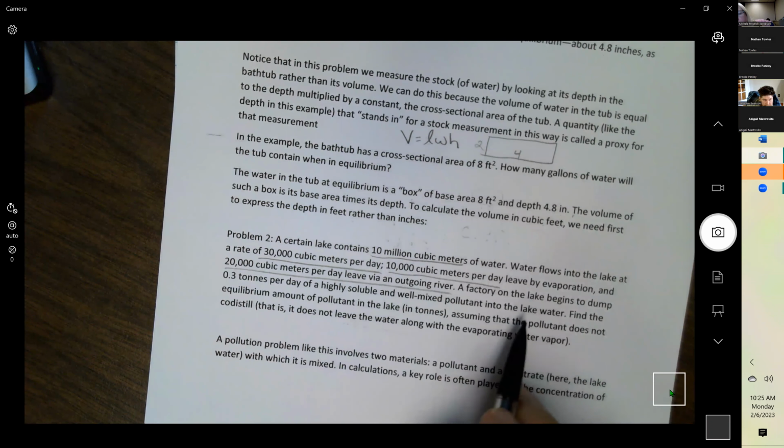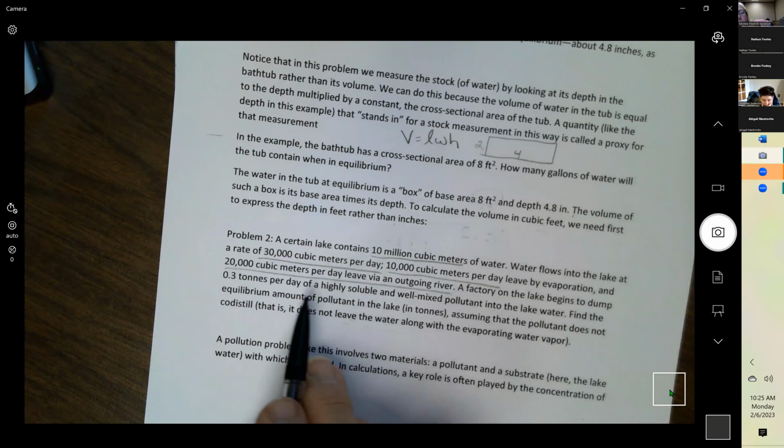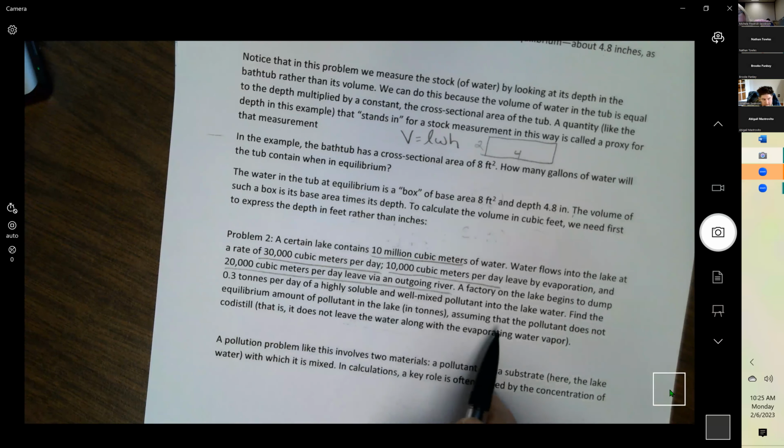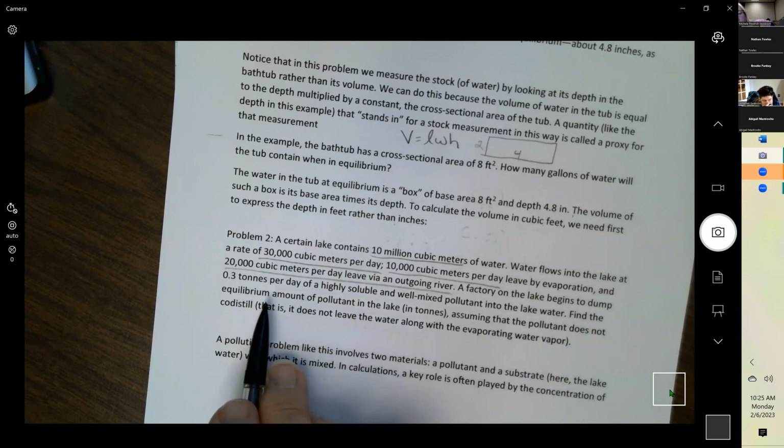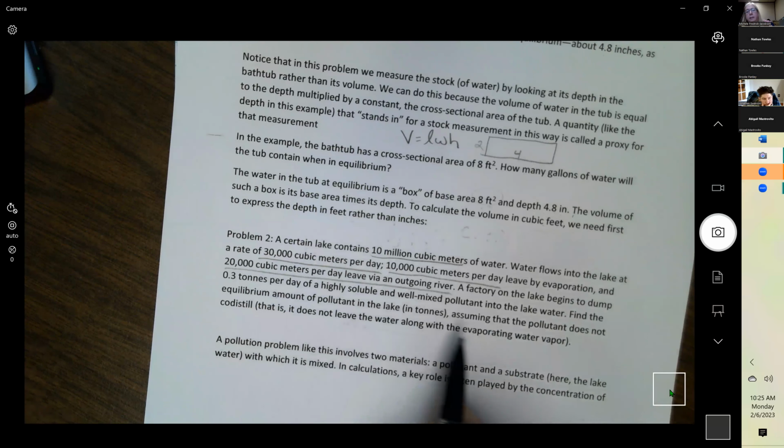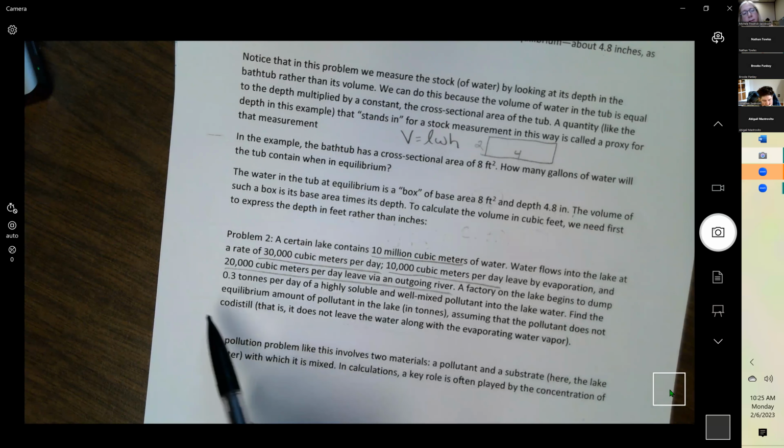A factory on the lake begins to dump 0.3 tons per day of a highly soluble and well-mixed pollutant into the water. Find the equilibrium amount of pollutant in the lake in tons, assuming that the pollutant does not co-distill. That is, it does not leave the water along with the evaporating water.